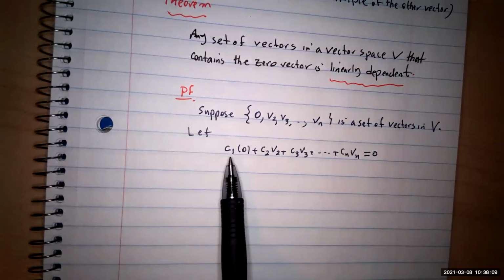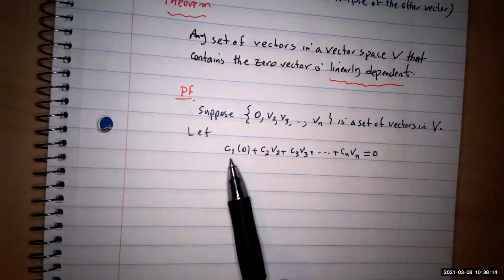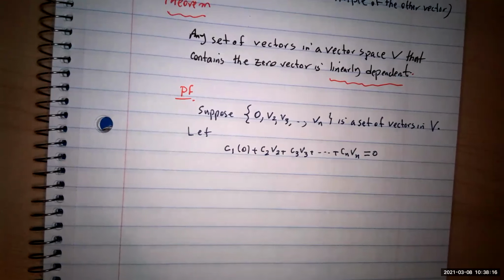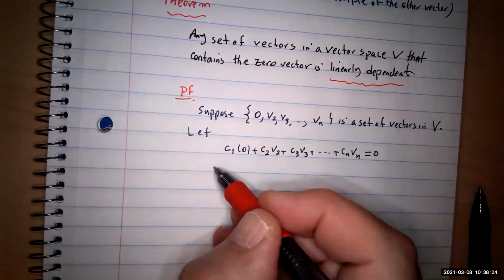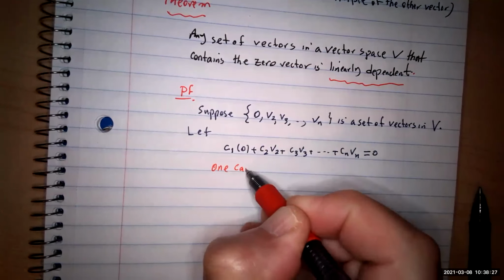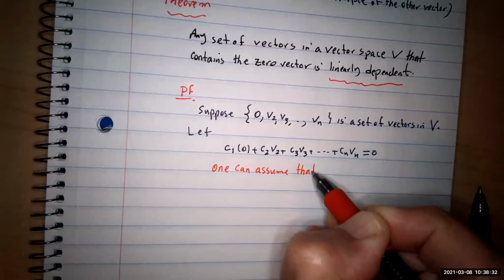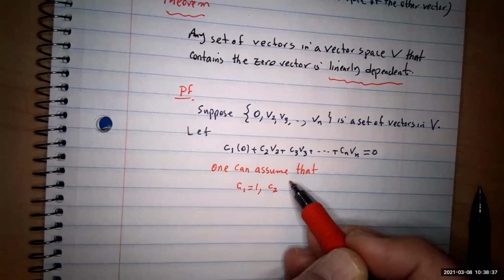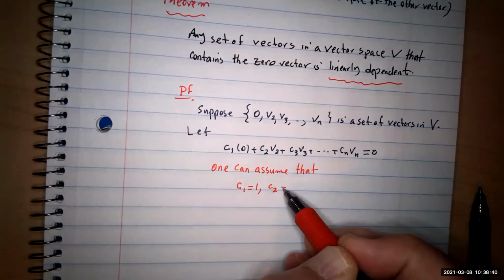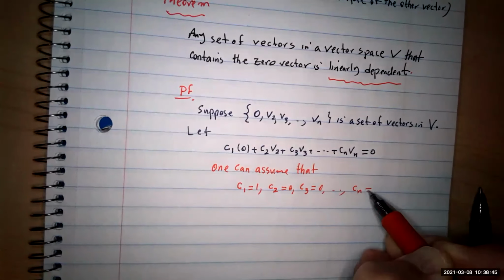You want to prove that at least one of these scalars is not 0, because if they are all zeros, it is linearly independent. So one can assume that c1 is equal to 1, c2 equal to 0, c3 equal to 0, up to cn all 0.